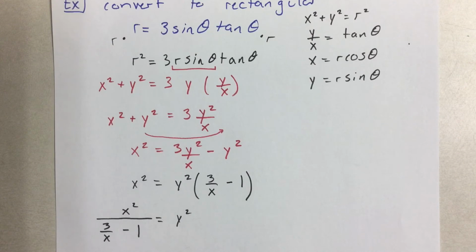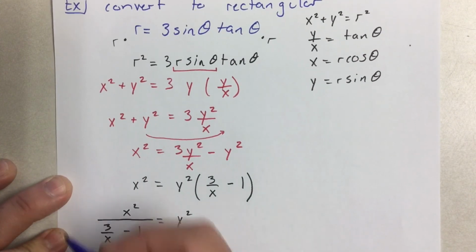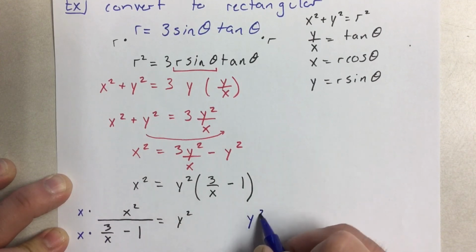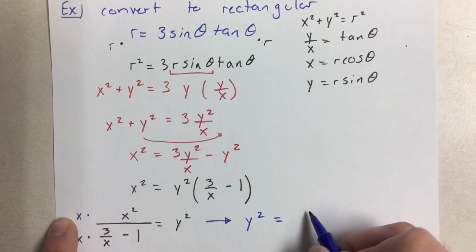But if you've been following along in these lessons, I believe we learned this in the trig identity unit: if I want to remove a fraction, I multiply the numerator and the denominator by the denominator I'm trying to cancel. So I'm trying to remove this over x. If I multiply both numerator and denominator by x, from that y squared equals, we would get x cubed.